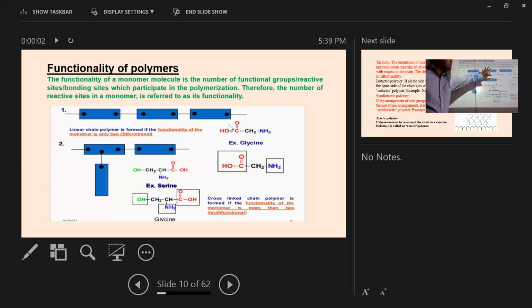That means the repeating unit should have the ability to create a bond on two sides so that it can combine with two different molecules on the two sides. So the monomer unit should have the characteristics so that it can make bonds to the adjacent units.